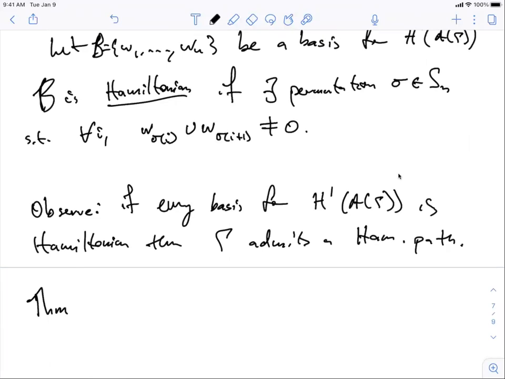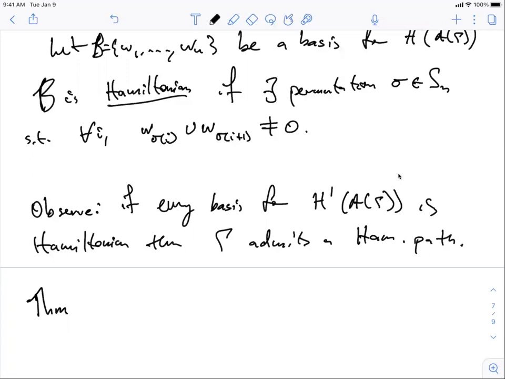Sorry, why did you need every basis there? Why not just the existing basis? What you're saying is true, it suffices for there to be one particular basis which is Hamiltonian. But for the converse to be true, you don't know which basis is the one corresponding to the duals of the vertices. The H upper 1 is given to you as some abstract vector space, H upper 2 is some abstract vector space, and you have this pairing from H1 tensor H1 to H2.